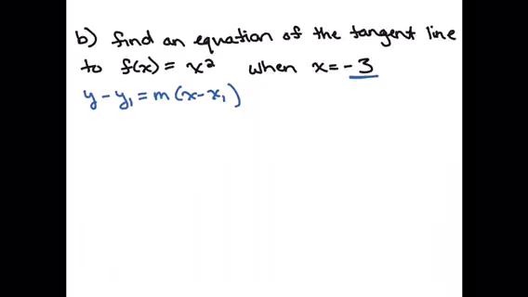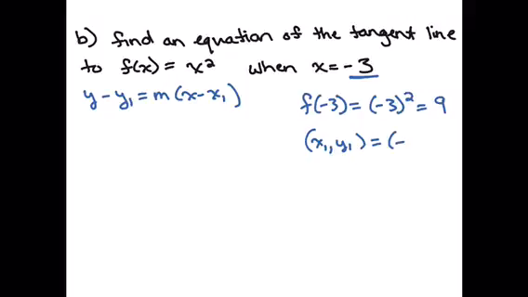So to get the y value that goes with it, I plug a negative 3 into our original function, which is x squared, and I get the y value that goes with negative 3 is 9. So my x1, y1 will be negative 3, 9.